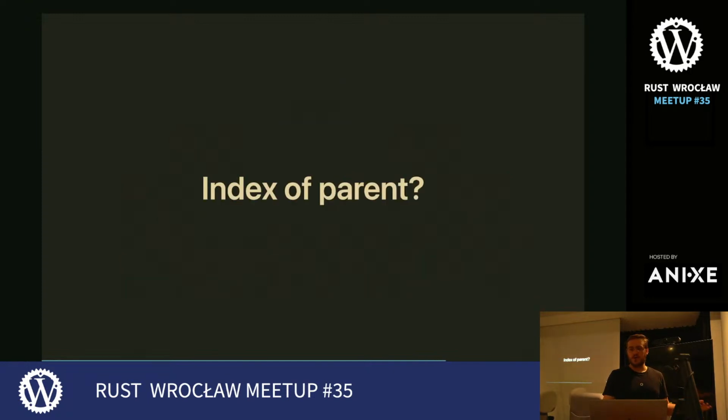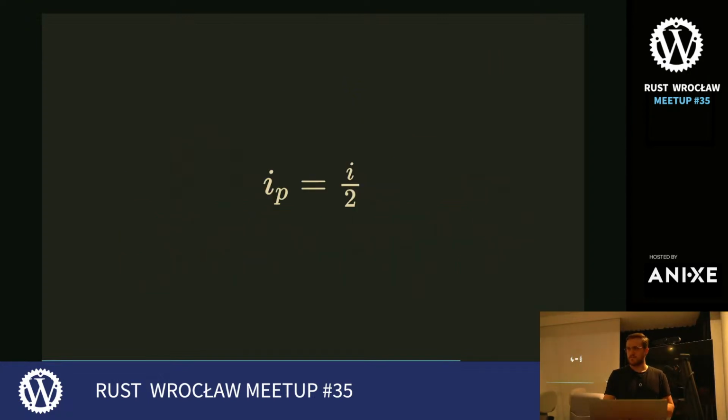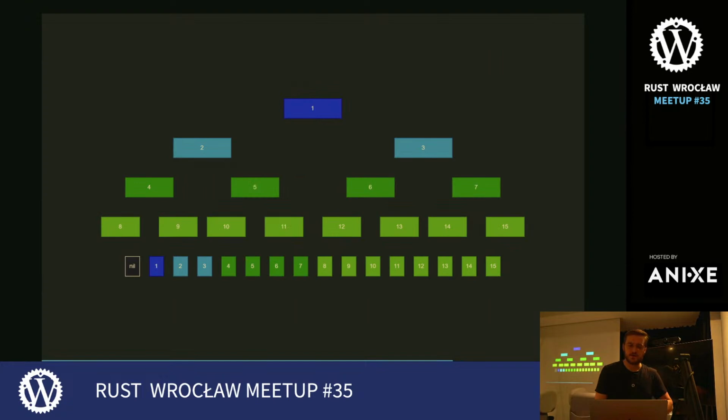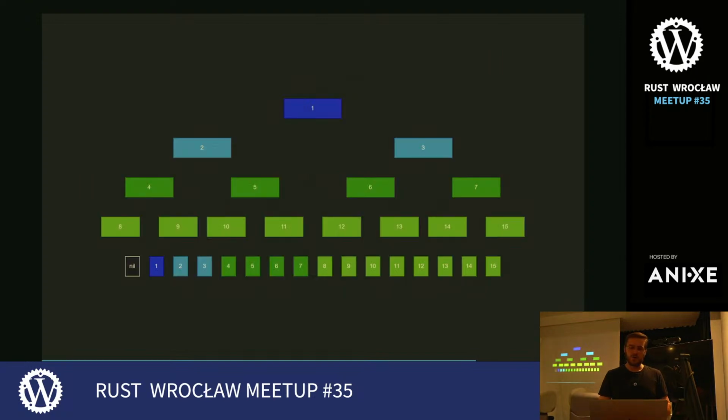So what is the index of a parent? Any thoughts, any ideas? Yeah, exactly. It's floor of index divided by 2. Index of sibling: I want you to pay attention to evenness and oddness of the numbers here.